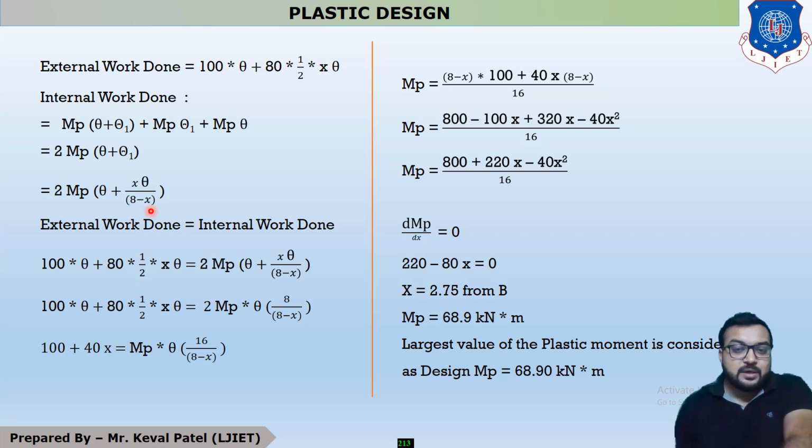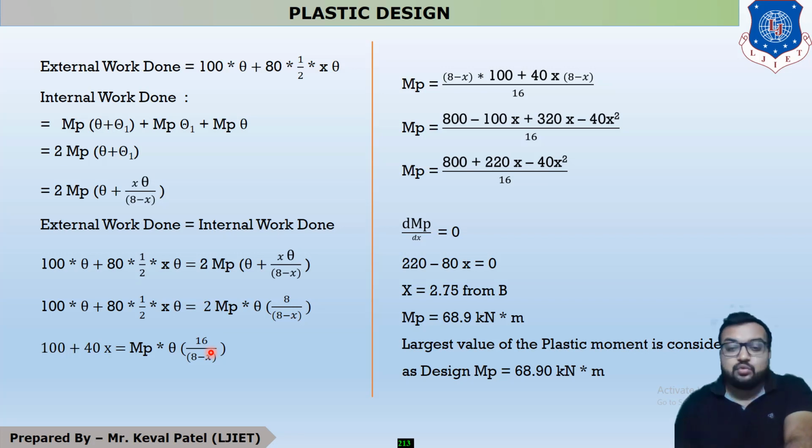If you solve this, your answer for internal work done is 2 MP theta in the bracket 8 divided by 8 minus x. Now we have to multiply this with 8, so it is MP theta into 16 by 8 minus x.